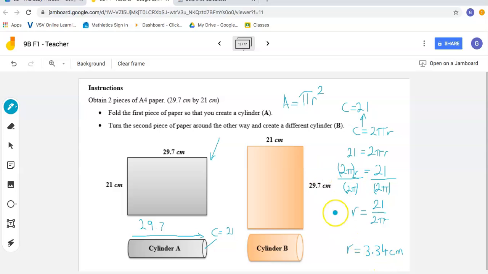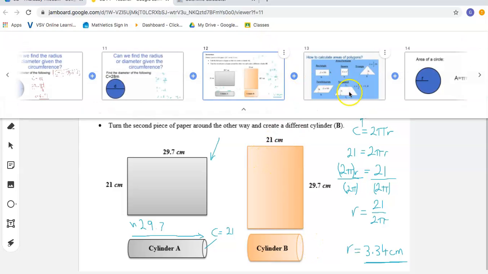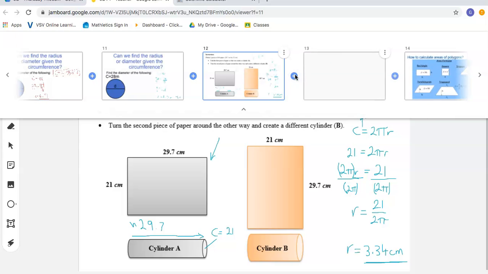So now I can simply use this formula, so pi times my radius that I just found, 3.34 squared, and then multiply that by the height, which we know is, and I might even put an h here, 29.7. I'm going to get a new page.